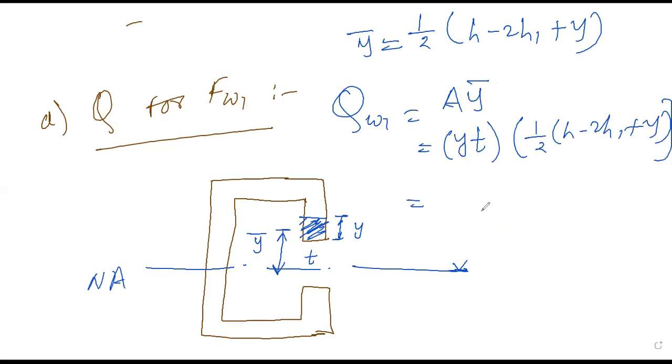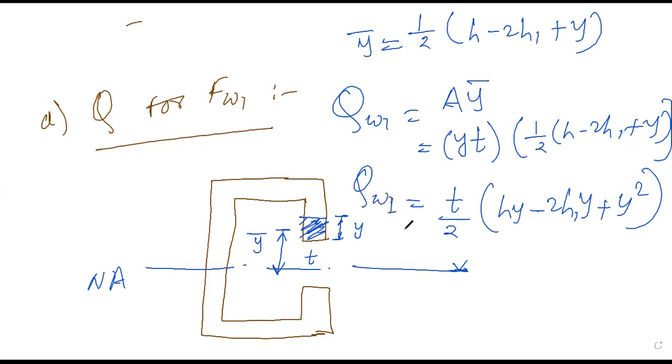So after simplification it is T by 2 (H Y minus 2 H1 Y plus Y square). This is the value of QW1. So the range for Y is 0 to H1, the range for integration. Understood? Yes, sir.